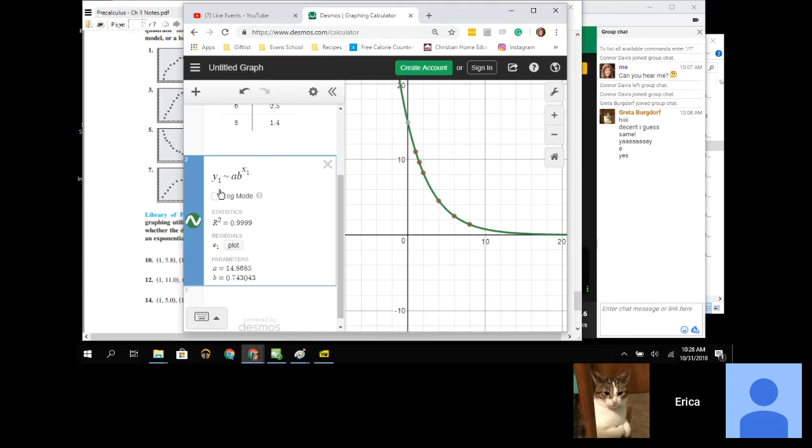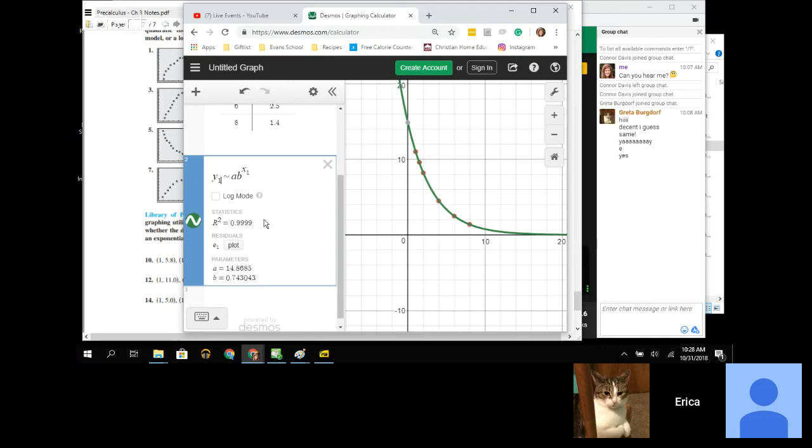So in order to model this data, which actually it models it perfectly, perfect exponential model, right? It tells me that my A value is 14.86, right? 85. And my B value is 7.743043. Okay.